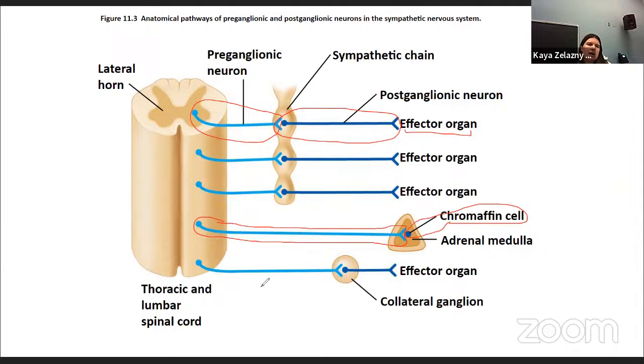And there are a couple of collateral ganglia out in the body. A collateral ganglion is just another place where we see a collection of cell bodies. It just doesn't happen to be linked into the sympathetic chain. So it has its synapse in a separate ganglion, out to an effector organ. Those are the three routes that we see for our sympathetic nervous system.